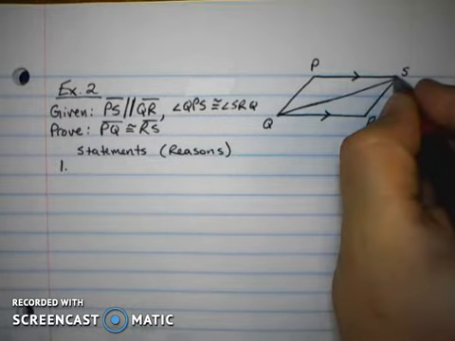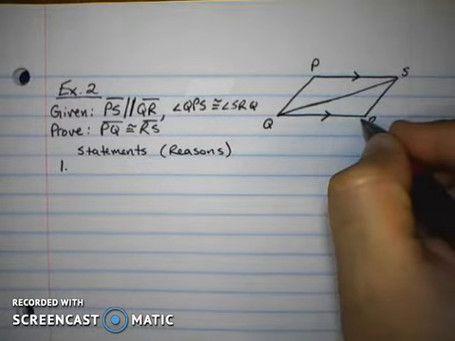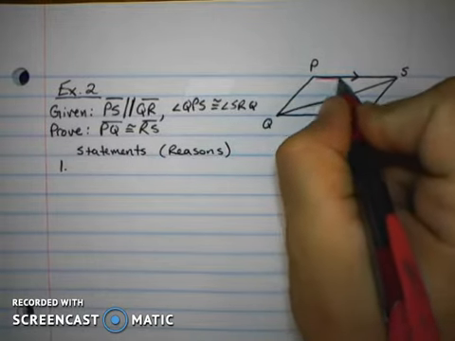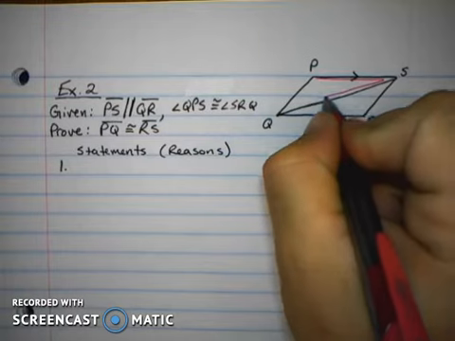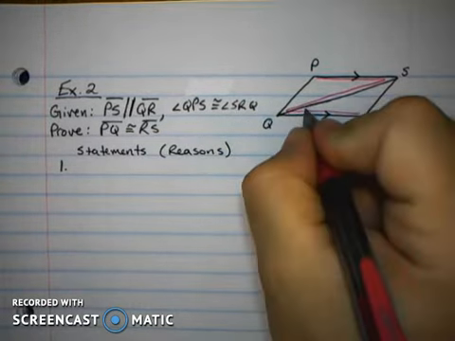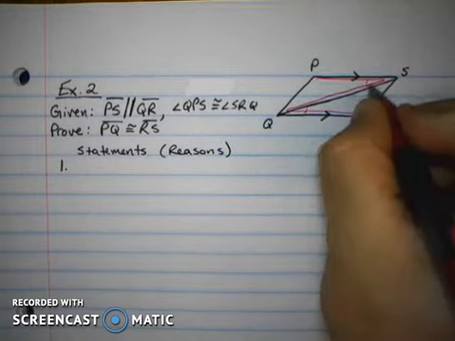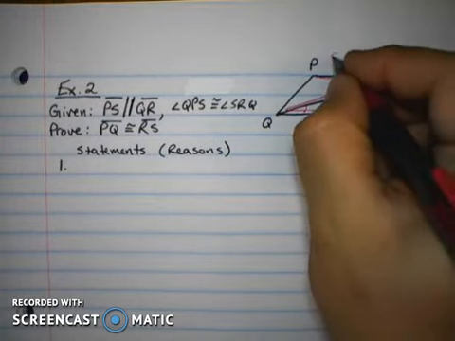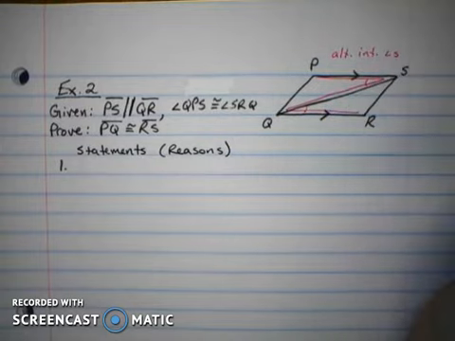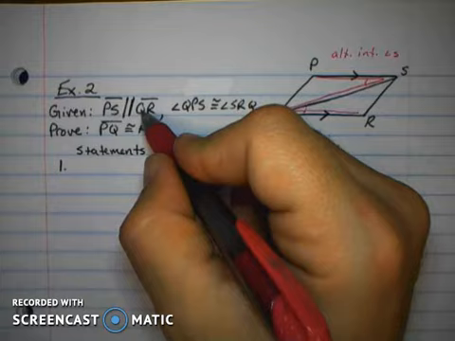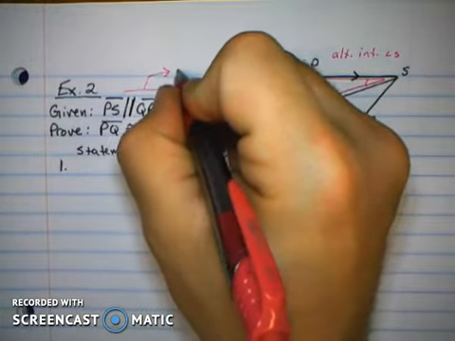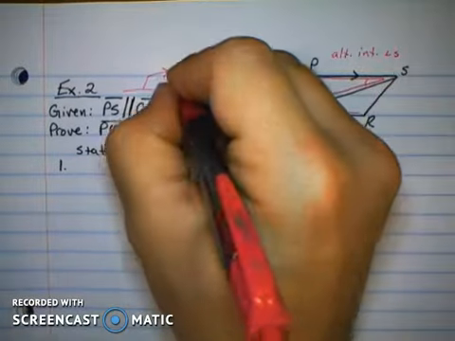So if PS and QR are parallel and QS is a transversal, that creates this Z shape, which you should remember gives us congruent angles here and here because they are alternate interior angles.